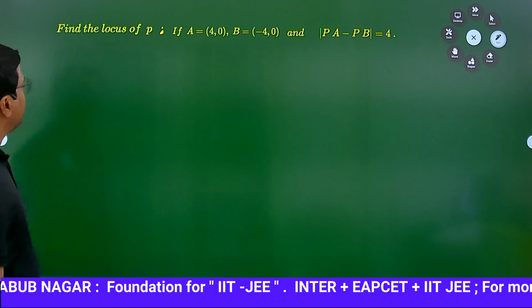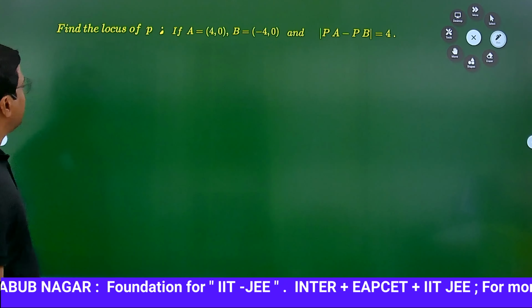Assume that this is some L and this is M. First I am going to write the value of L square and then M square, and then the difference of this. PA is L, so L square first I am writing. PB is M, PB square, M square. Now L square is nothing but the square of the distance from P to A. That is clearly x minus 4 whole square plus y square.